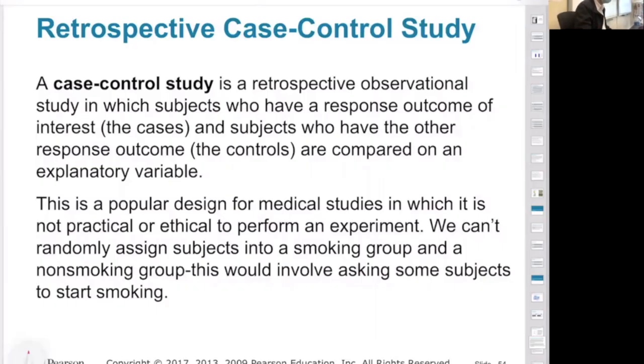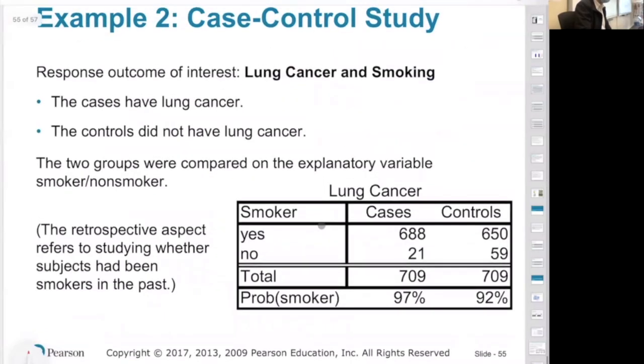We can't randomly assign subjects into a smoking group and a non-smoking group. This would involve asking some subjects to start smoking, and of course, this is not something ethical, as you can see here. Okay, this is an example of a case control study.